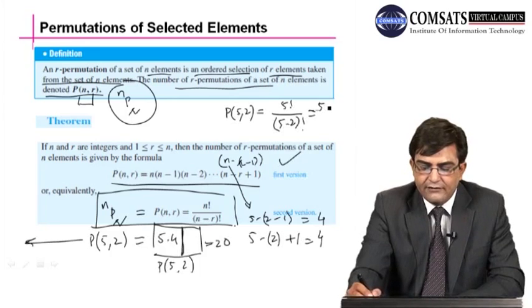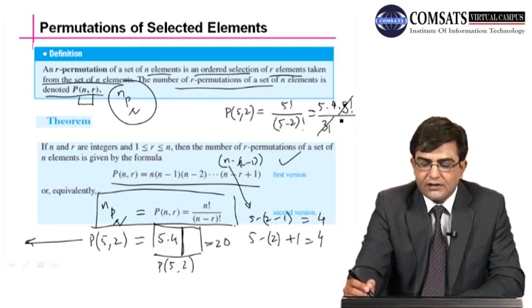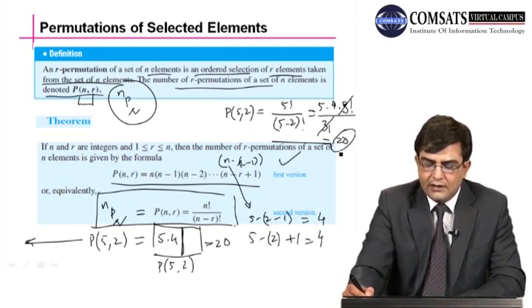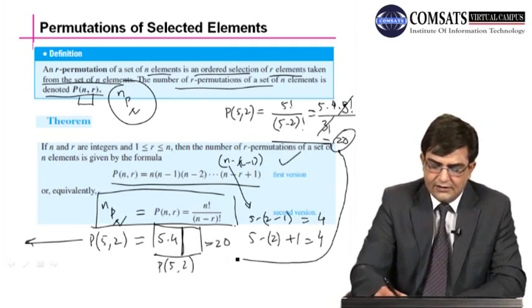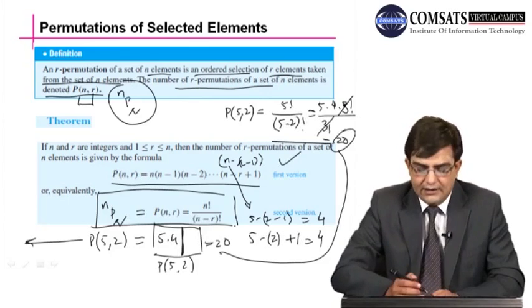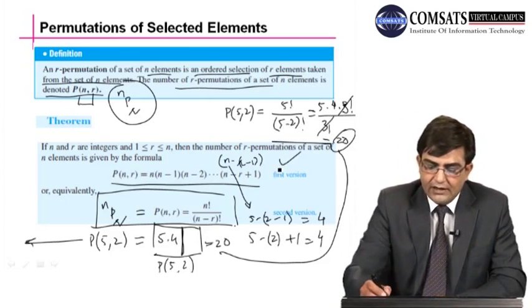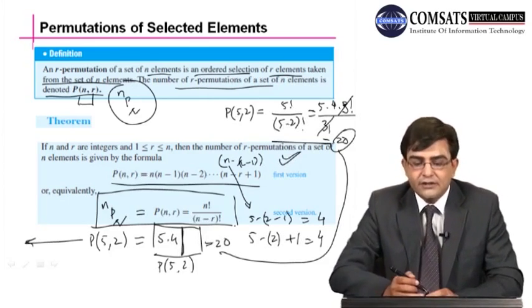We can write it as 5 into 4 into 3 factorial, over 3 factorial. Basically here 3 factorial cancels, 5 4s are, we get 20. Again the same answer as we obtained by using the first version of the formula.